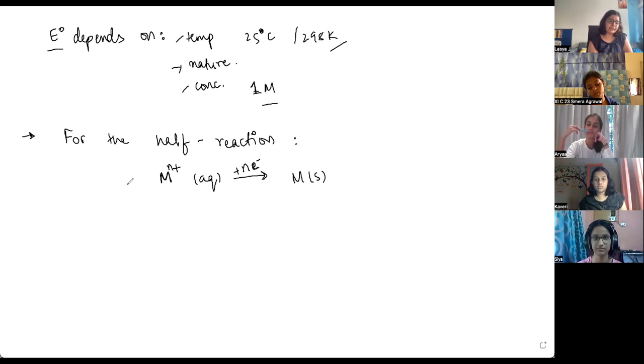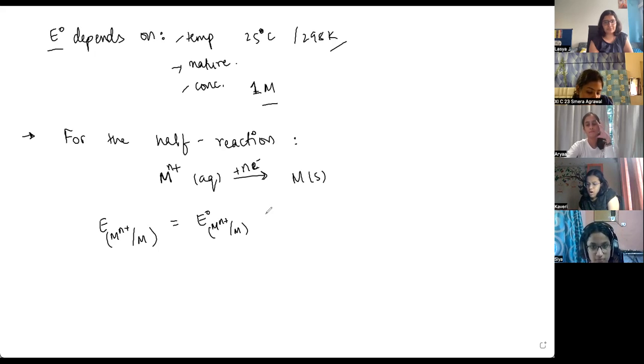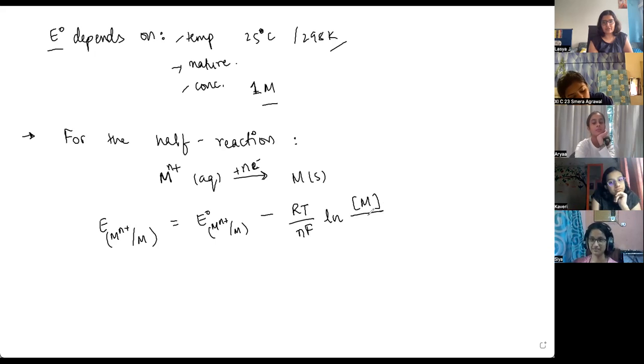Nernst said you can calculate its potential as E of M n plus to M, which represents the reduction potential because reduction is happening, is equal to E naught of M n plus to M, the standard reduction potential, minus RT by nF natural log of the concentration of M upon the concentration of M n plus.